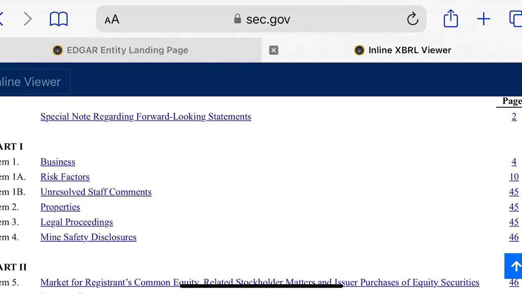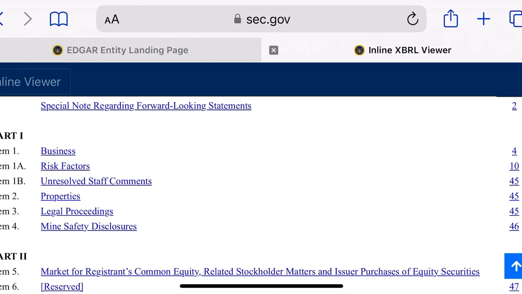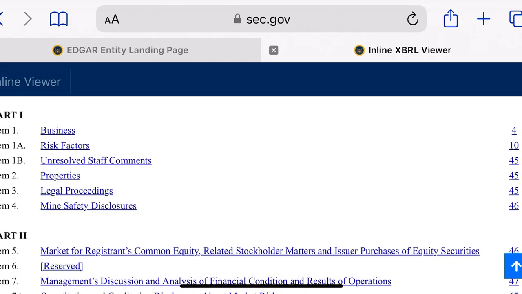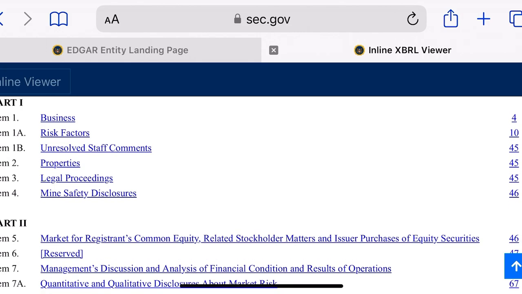Most annual reports have this special note regarding forward-looking statements, basically just clarifying that everything they're talking about there is really just possibilities. They're not guaranteeing it. So just kind of covering their butt. But here in part 1, most of these 10Ks pretty much follow this same format.